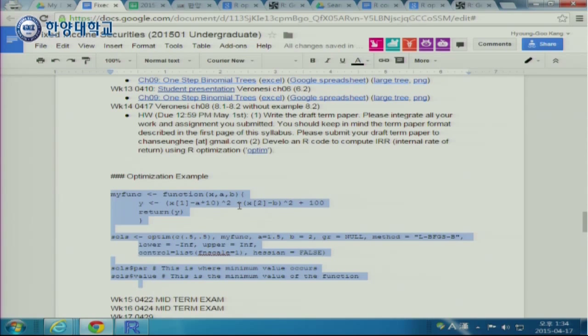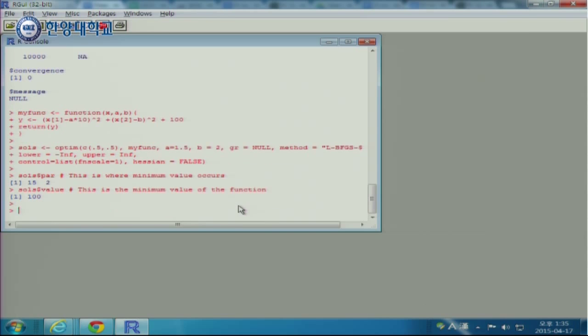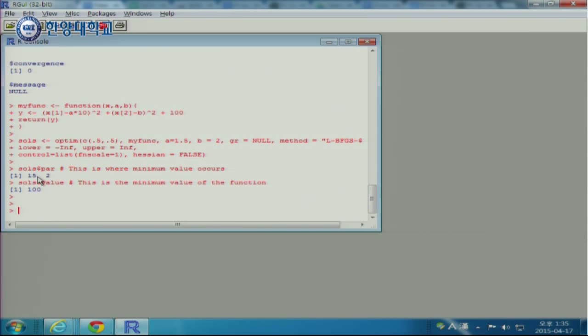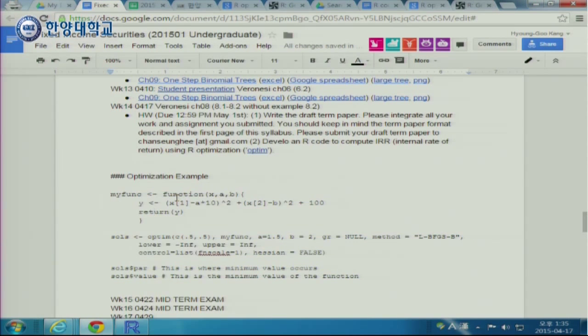By the way, in your homework we don't need vector minimization, but I want to show you anyway. So the minimum value happens when x1 is 15, x2 is 2, which is the exact same 2, and the minimum value is 100, right? So it can minimize in a 2D plane. So this is very powerful. But in your homework, x is just a scalar. So maybe the previous example was more appropriate for your homework.